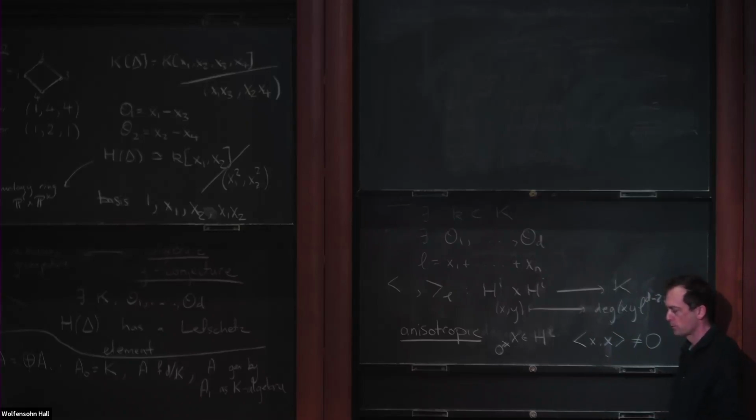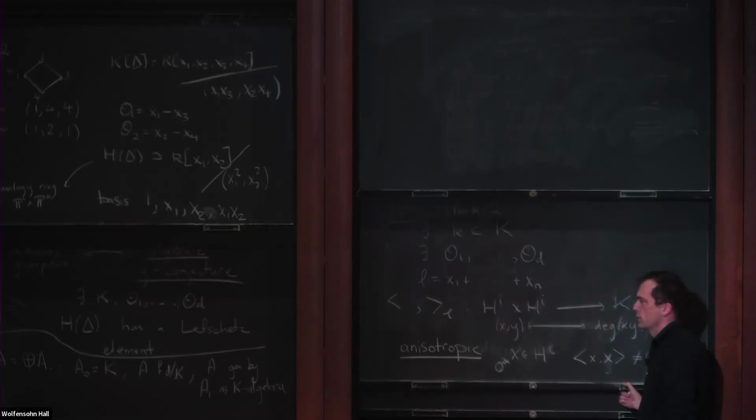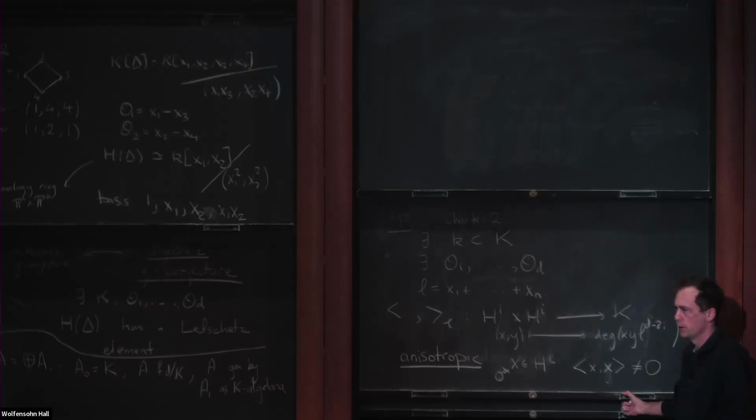This is a really strong property. For example, if you're working over the reals, the corresponding property is being definite, either totally positive definite or totally negative definite. In the algebraic geometry proof of Stanley, you have the Hodge-Riemann relations. Basically they say that in that case this is never going to hold.